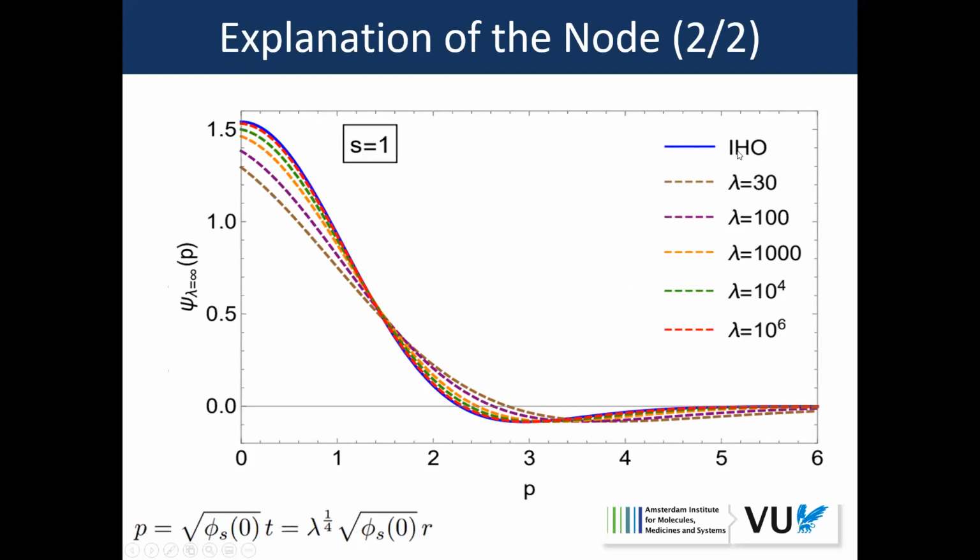And you can see that if we increase lambda, they will eventually go to the exact IOH expansion, which is just the first excited state plus the ground state for this one. So this is an explanation of the node. So it wants to remove one of the integrals of the k because the k decreases the energy.